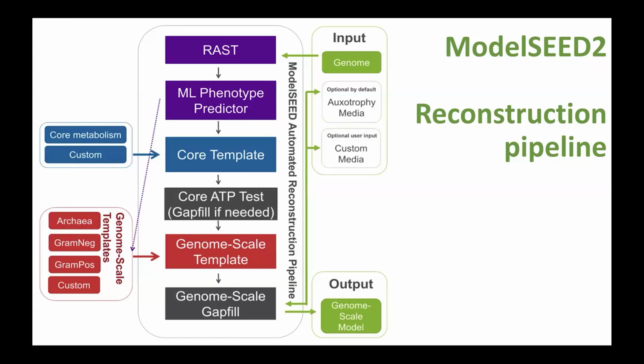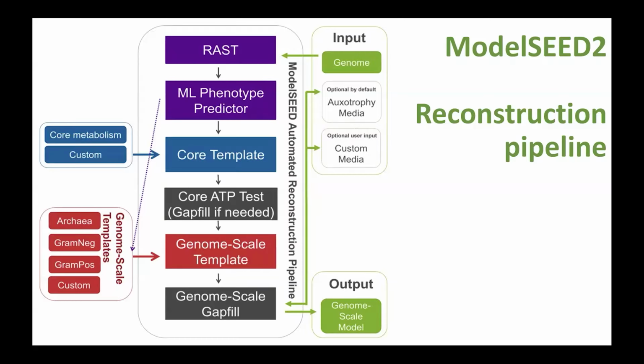And you tell me why RAST. I already have my annotation that I bring into the system. We use RAST annotations because I'm not going to comment on the quality of an annotation system versus the other. I can tell you that RAST, from all of our analysis, is very good at annotating genomes very consistently.